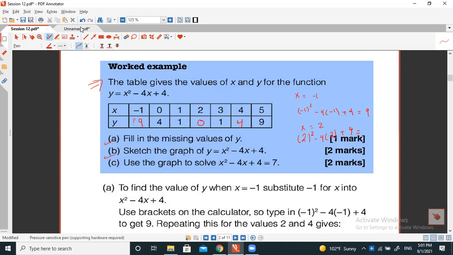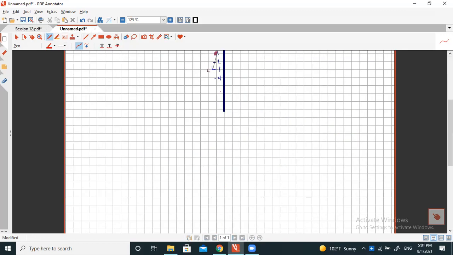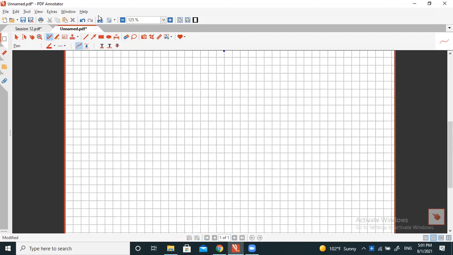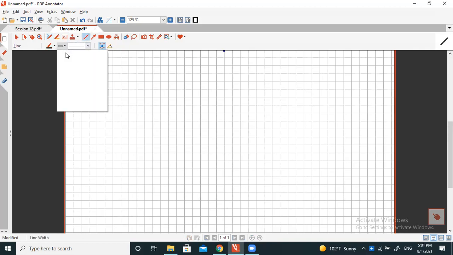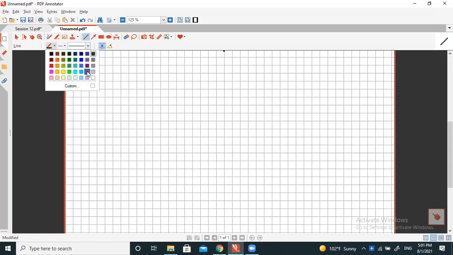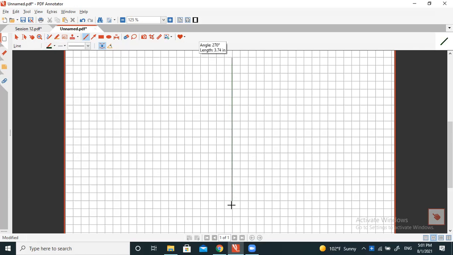All we need to sketch the graph: you open a new page and make x and y, two axes, and try to be accurate.